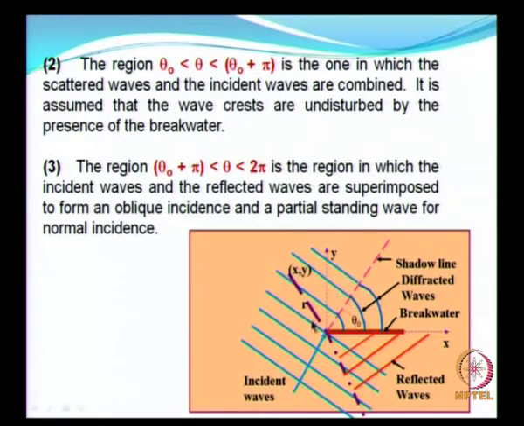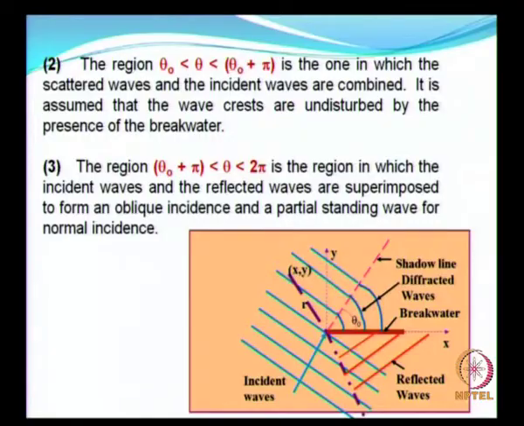What is this area? This area is uninterrupted, that is you will have the wave fronts moving with the same amount of energy and the same wavelength, because of constant water depth.